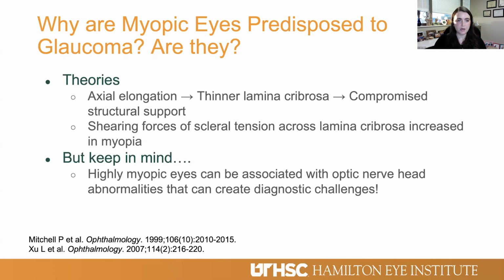Other studies have shown that the shearing forces of scleral tension across this thin lamina cribrosa are increased in myopia. But it's important to keep in mind, highly myopic eyes can be associated with optic nerve head abnormalities that can create diagnostic challenges, which we'll talk about.